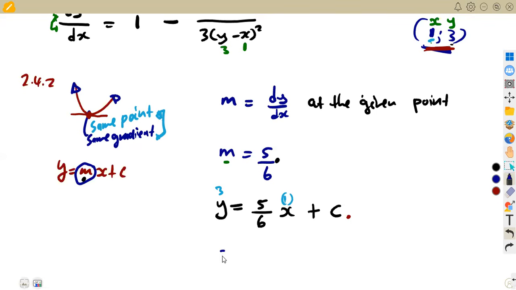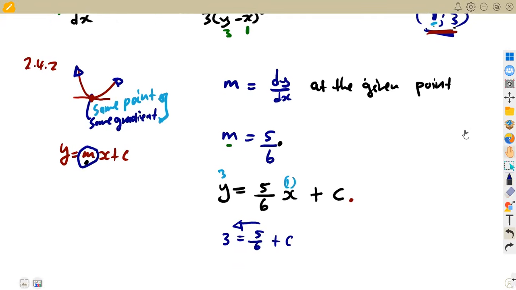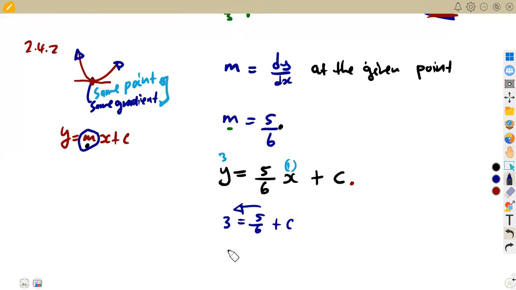This gives us 3 = 5/6 + c. We transpose this to the other side, so we obtain 3 minus 5/6, which is 13/6, giving us the value of c.